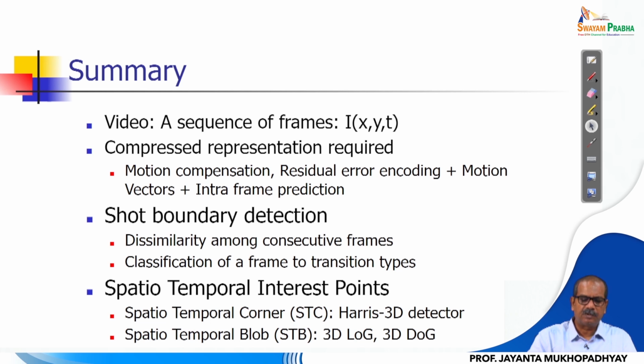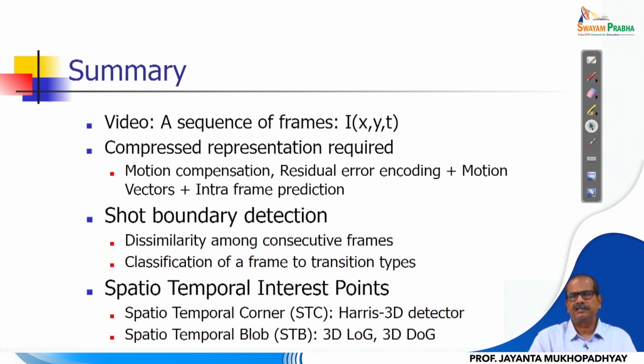And then we discussed shot boundary detection, where dissimilarity among consecutive frames can give you shot boundaries, just by identifying that dissimilarity. And the classification approach could be applied, where we classify the frames by their transition types.